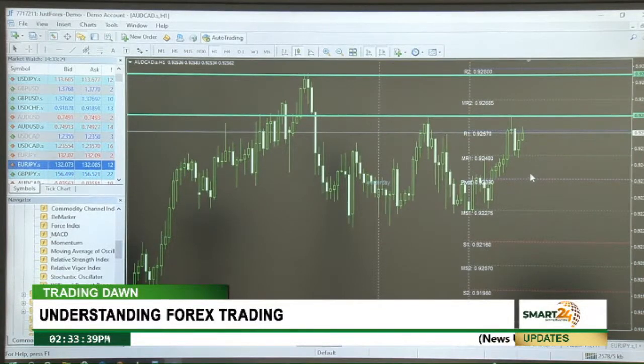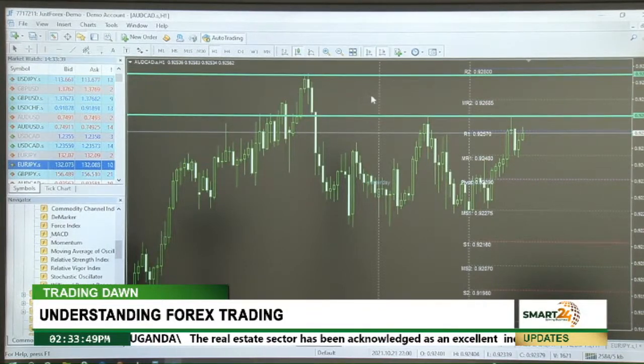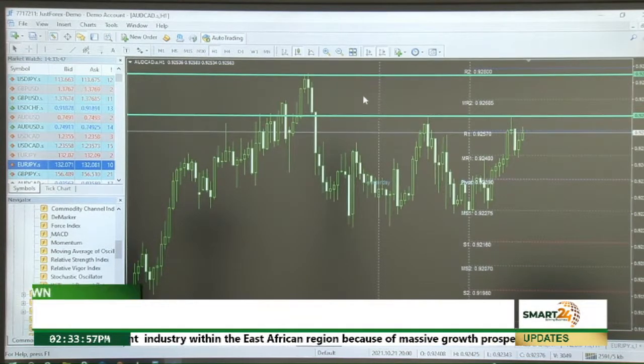So what looks easy for you is what you can go for, but it's also good to have this kind of platform where you'll have these very thin lines where price actually touches, and it gives you a good sense of accuracy.